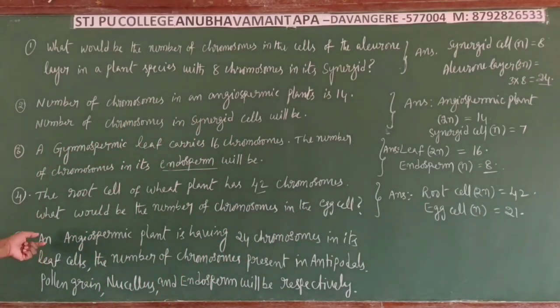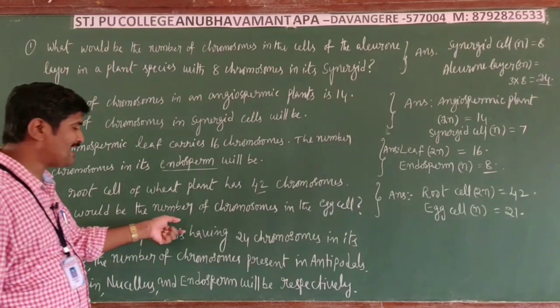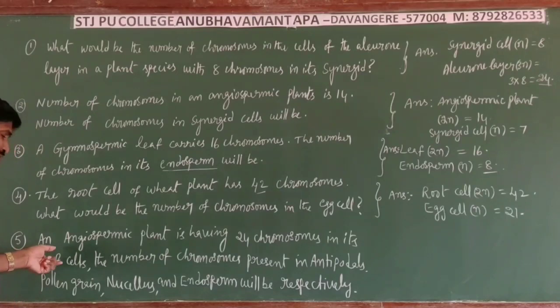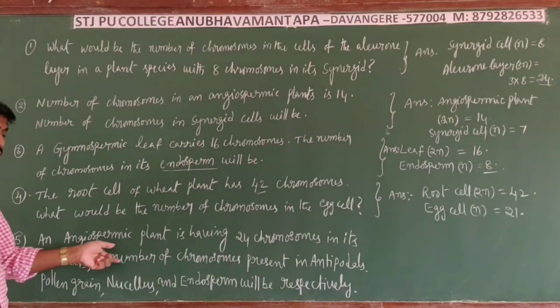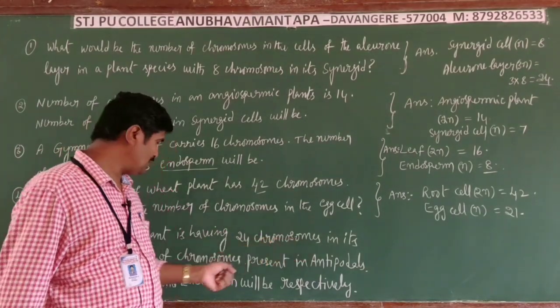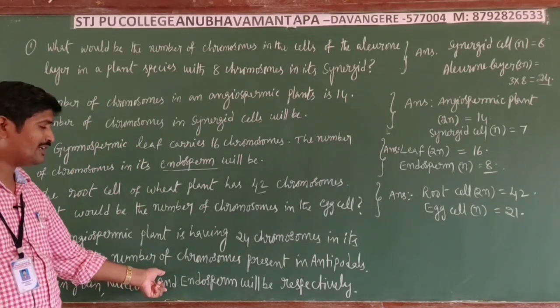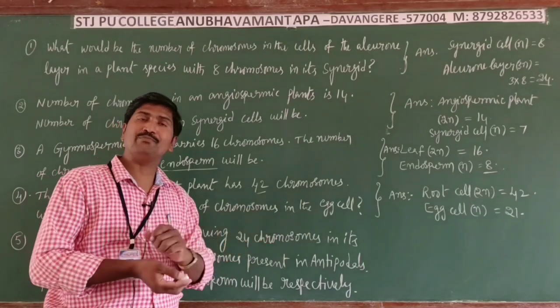Next one: An angiospermic plant has 24 chromosomes in the leaf cells. The number of chromosomes present in antipodals, pollen grain, nucellus and endosperm will be, respectively?